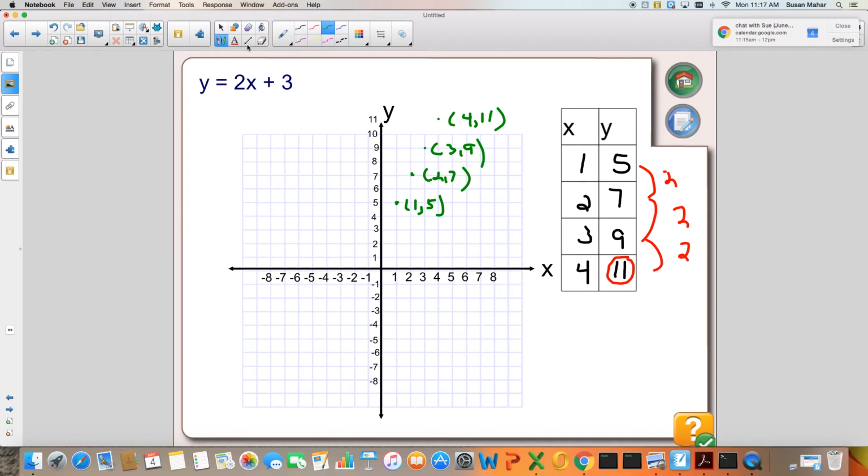So just for the heck of it, I am going to join the points. And I'm going to start up here, and I'm going to join them just like this.